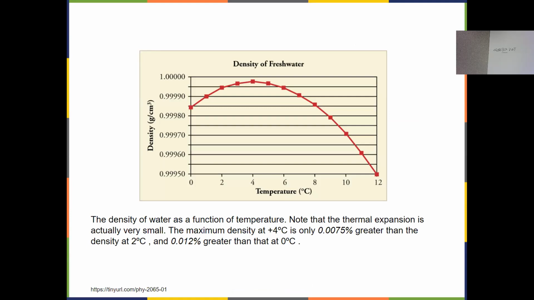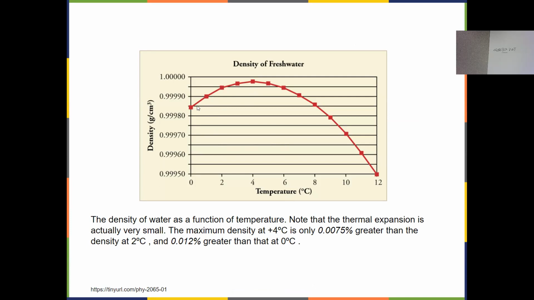Now I did mention there's an expansion exception. So water is one of the exceptions. When temperature increases in a very small region, from 0 degrees Celsius to about 4 degrees Celsius, the density increases, which means the volume actually decreases.